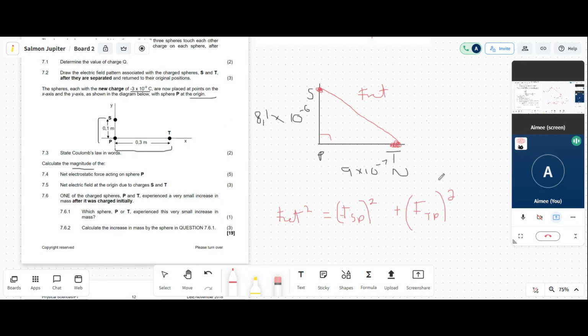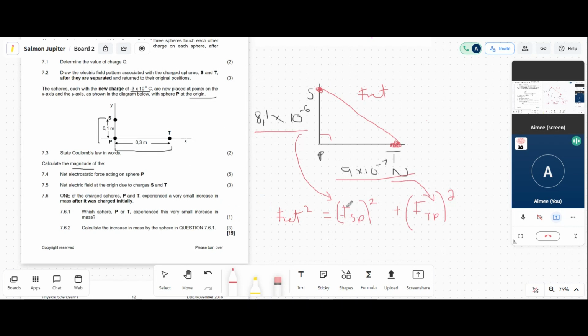Okay, so you substitute in your TP value over here, which is your 9 times 10 to the -7, and you substitute in your SP value over here, which is 8.1 times 10 to the -6.